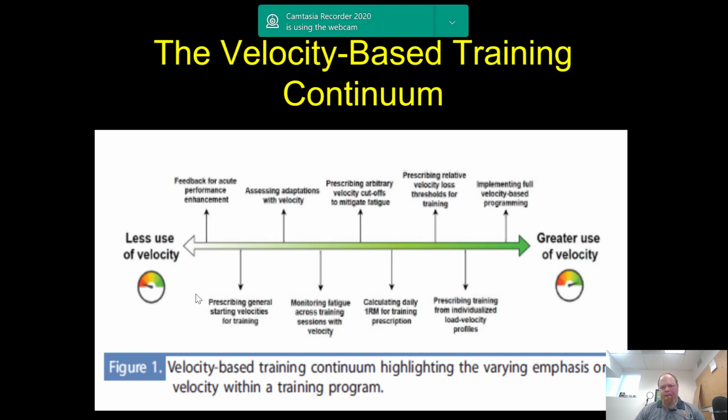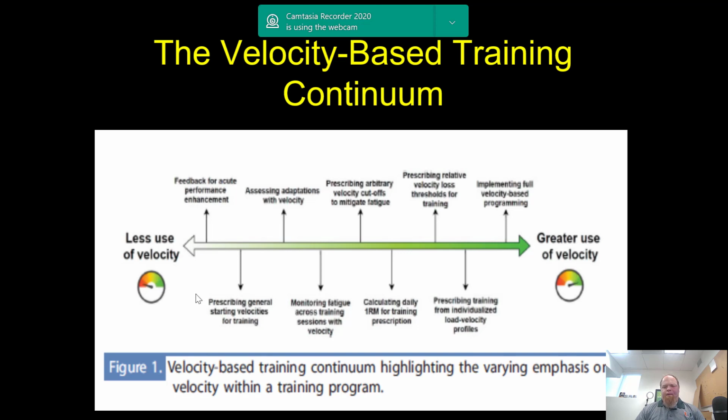Prescribing training from individual load velocity profiles. And whenever you get down to it, this was kind of where I was headed with the zones. What I really liked about velocity was the relationship between the percentage of 1RM and its corresponding velocity for that day. So it was a way to manage fatigue prior to the training session.